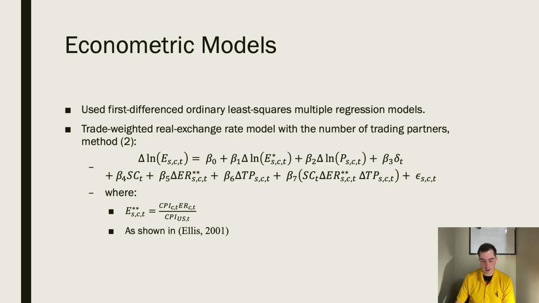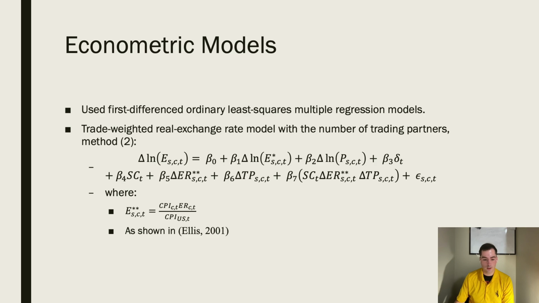And so the last model I decided to look at just used a different measure of the real exchange rate. It's similar to the one found in Ellis 2001, where it's just the nominal exchange rate multiplied by a ratio of prices between the country and the US.